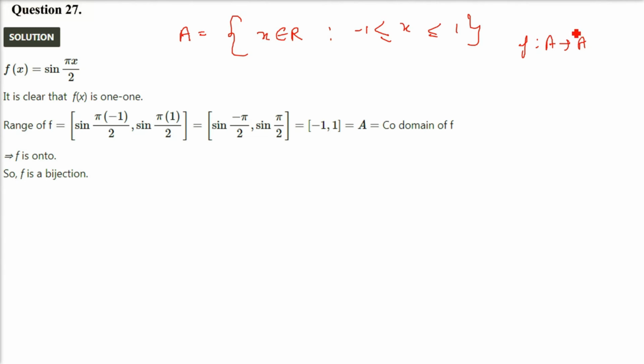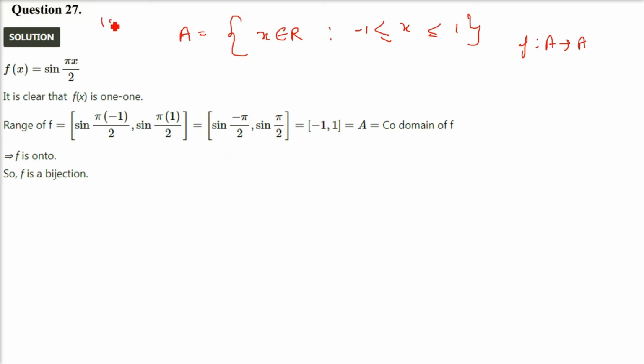The answer here is sine pi x by 2. If you go back and refer to certain questions, we have already discussed this. Question number 15, just go back to it and refer to it.